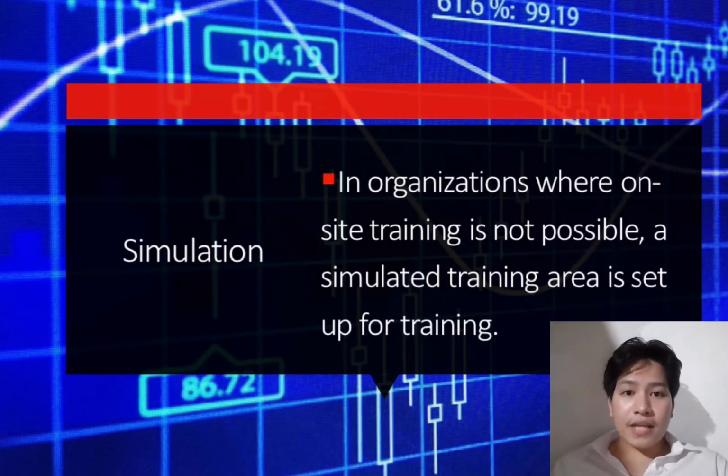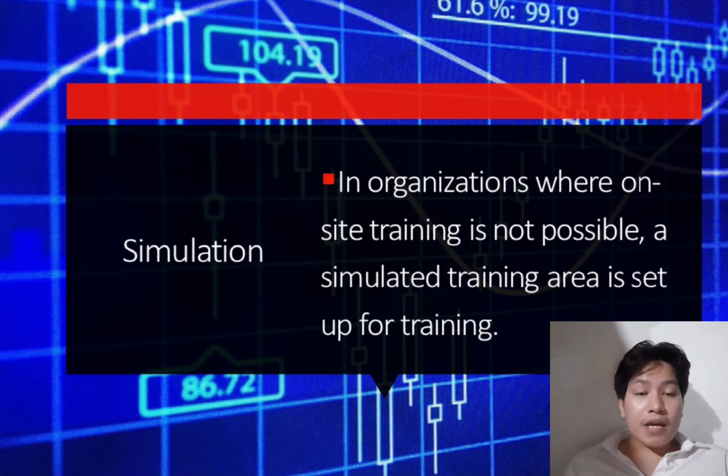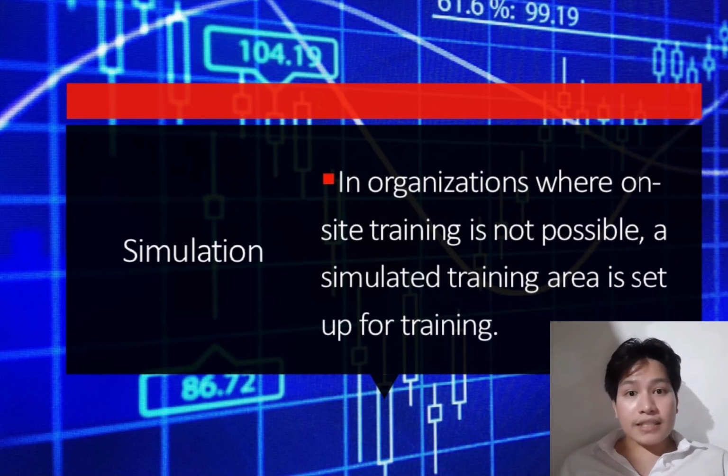Number 4 is simulation. Dito, kapag yung organization hindi available yung training site nila, meron silang i-provide na isang site na naka-set up na pwede nilang pag-trainingan.